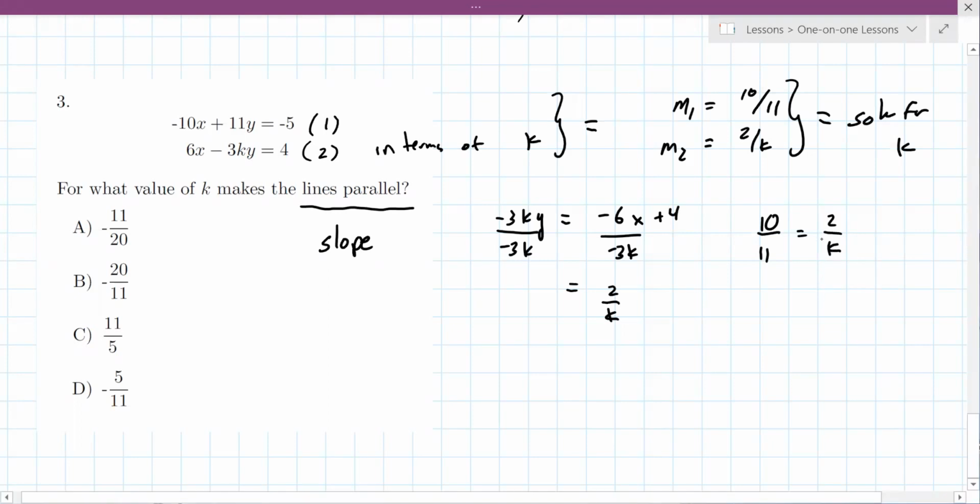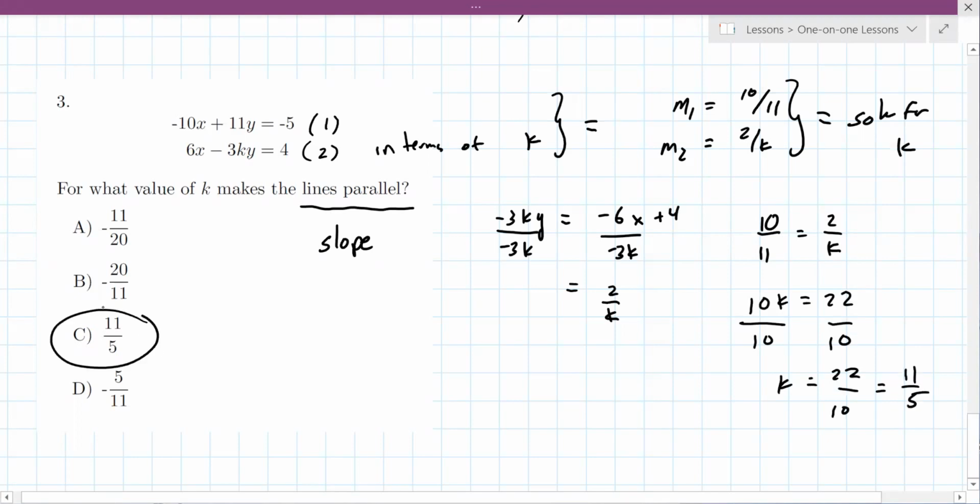Wait, what? If you cross multiply, it would be 22. 10k equals 22. Yeah, and then you divide by 10. That's right. So k is equal to 22 over 10, or if you reduce that, 11 over 5. Oh, you can reduce. Yes. It's not an option though. Okay. 11 over 5.